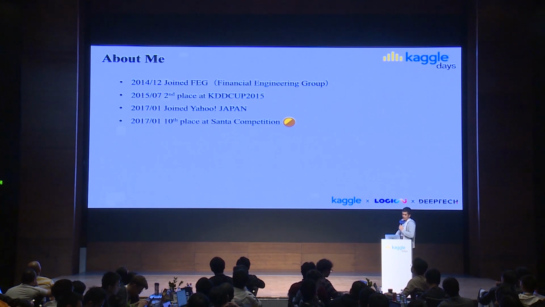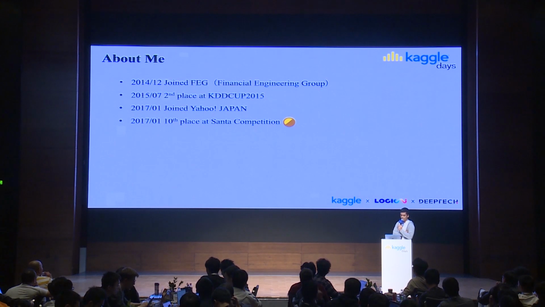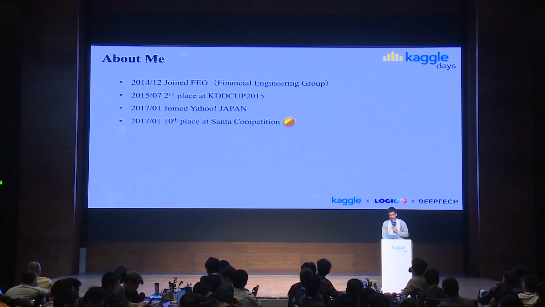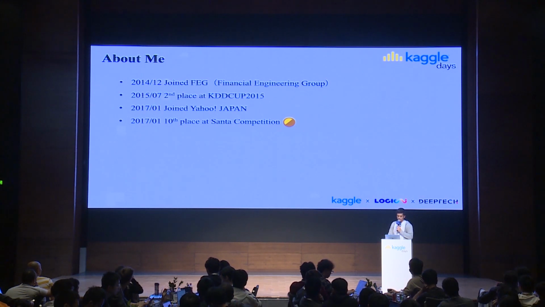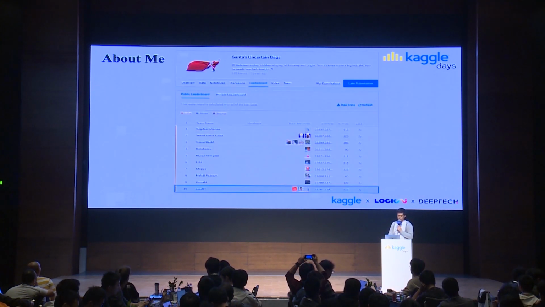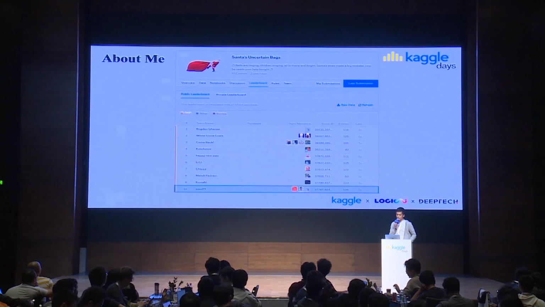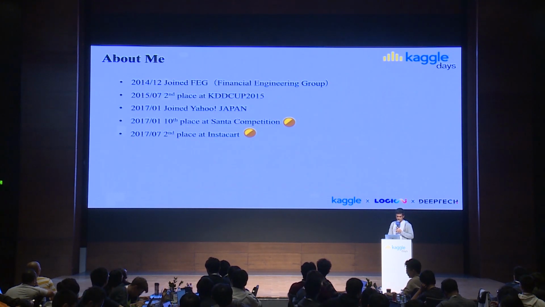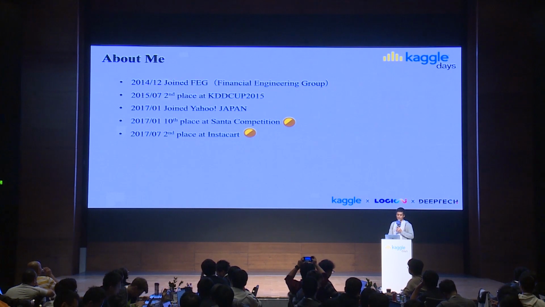After that, I got my first gold medal at Santa competition. You guys will know Santa competition is not a machine learning competition, so I don't think it was deserved. So, next competition is Instacart.